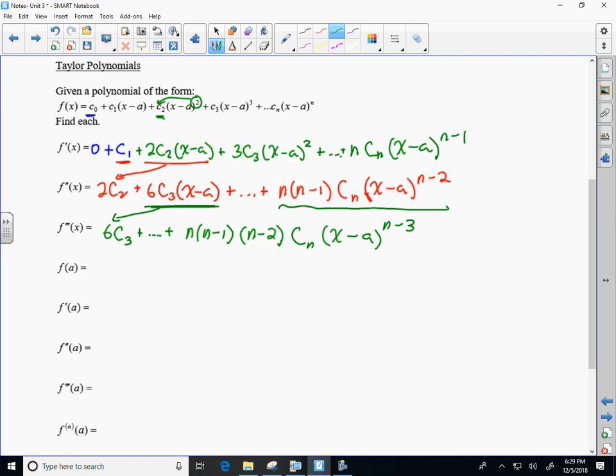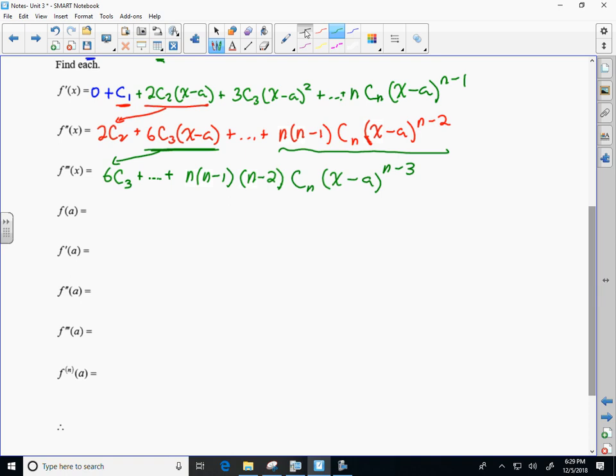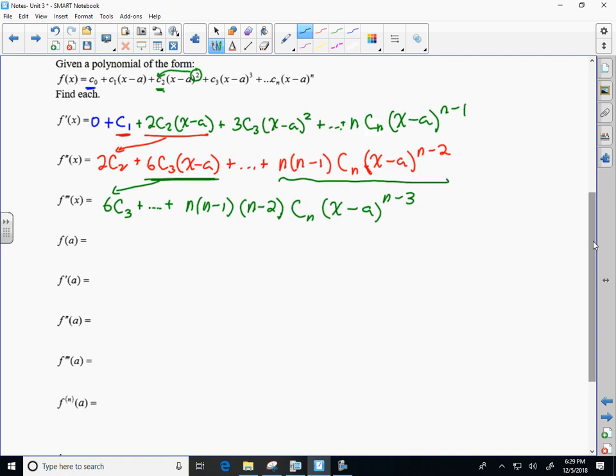So really what we're getting at is a rule that's developing, taking shape. That's weird. I'd like to think I had a reason for why I wrote what I wrote, but something seems to be missing. So f of a is telling us to replace all our x's with a's. Just going back to the original function, we'd rewrite it as c sub 0 plus c sub 1 times a minus a. That'll cancel.